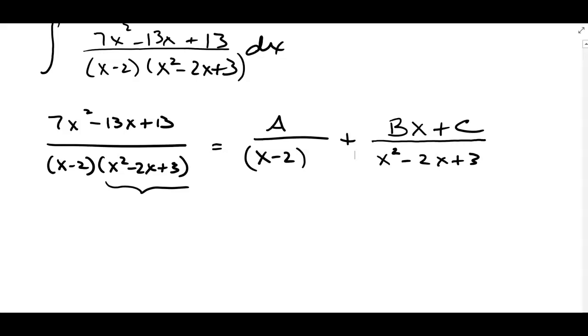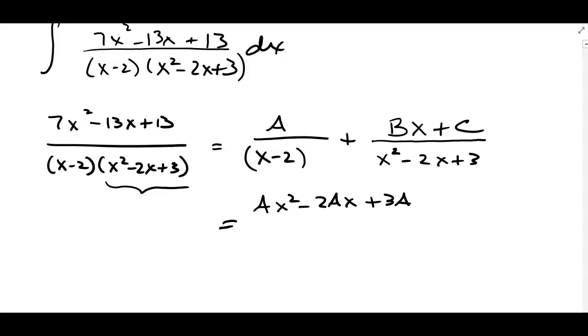So we can go ahead and work that out. Obviously, we need the x squared minus 2x plus 3 for the first term, so that has to be multiplied through by A, right? Ax squared minus 2ax plus 3a.